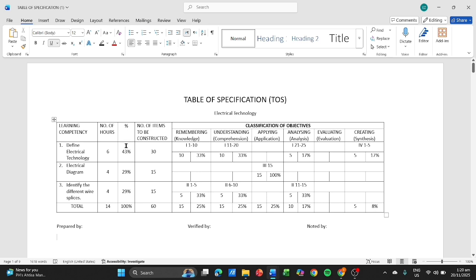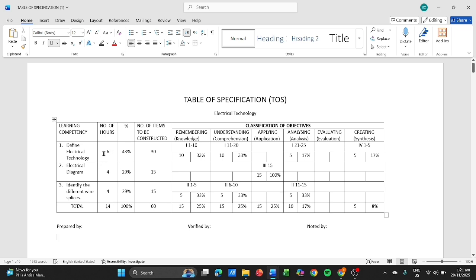And here is the percentage. How did I come up with this percentage? The formula for getting the percentage is you just have to divide the number of hours of a particular LC by the total number of hours.